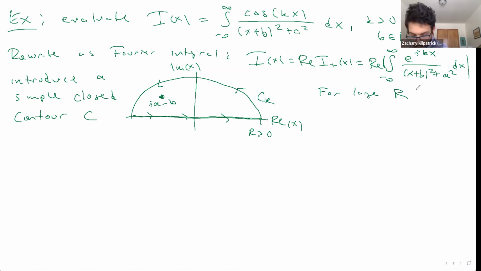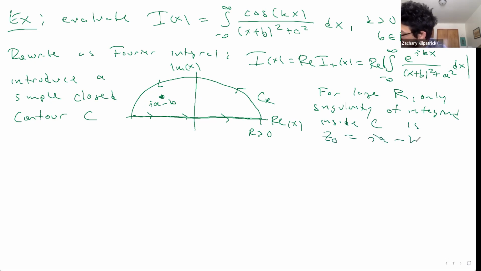So for large R, the only singularity of the integrand inside our contour C is this point we'll call z0 equals ia minus b. That's a point of interest.